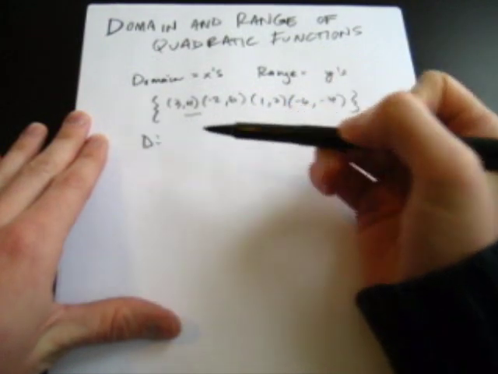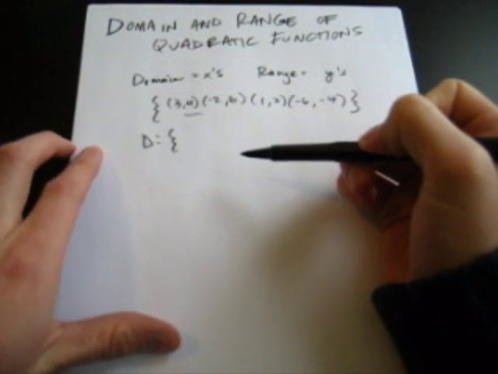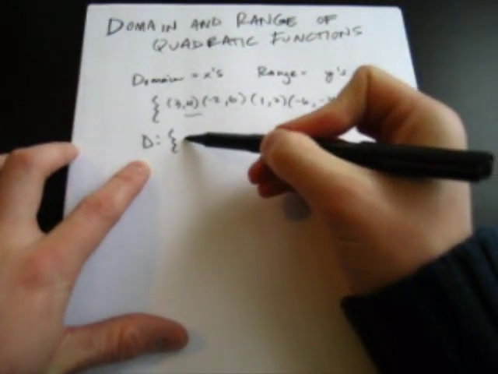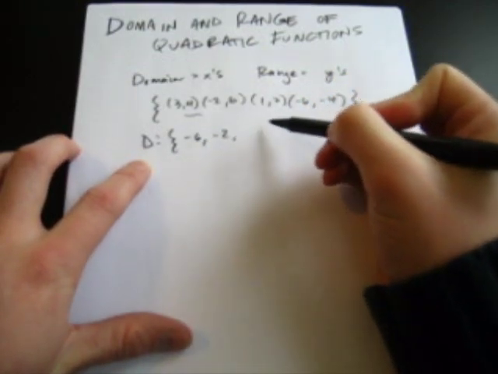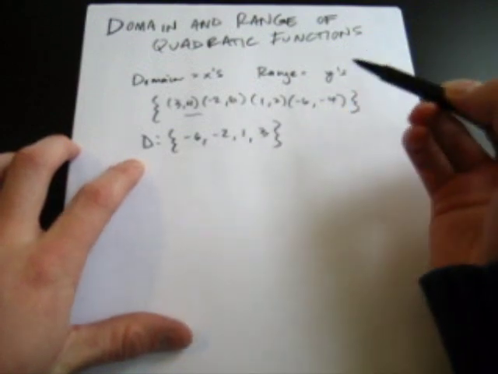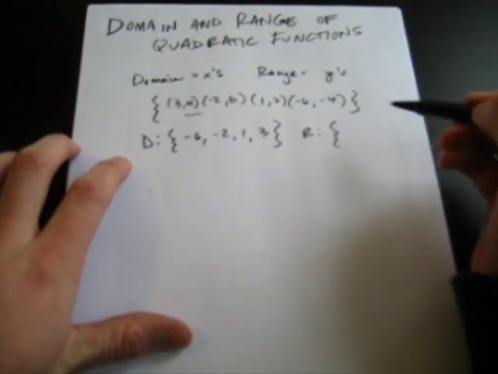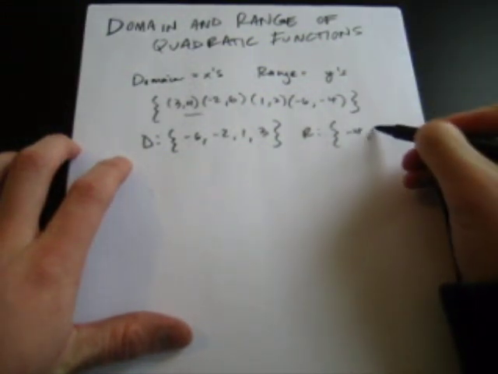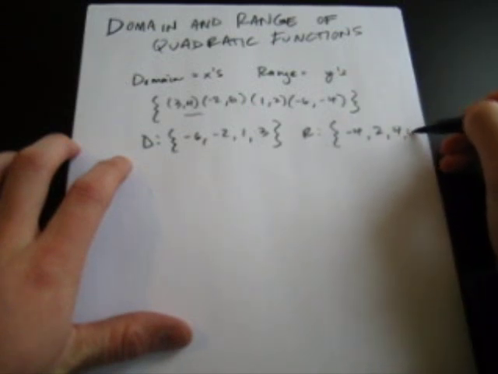So the domain, we just call that a D, would be all the x's, and we should write those in order too, from least to greatest. The smallest x is -6, the next one is -2, then 1 and 3, and you close that with that little thing. The range is all the y's, those ones are left over that we haven't used. The smallest one is -4, next one is 2, next one is 4, next one is 6.